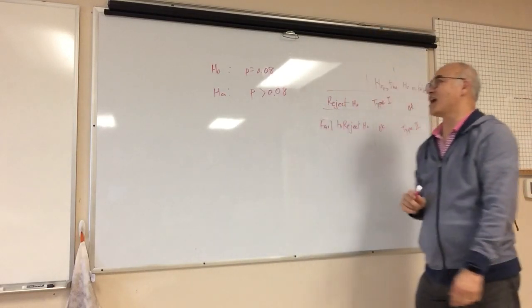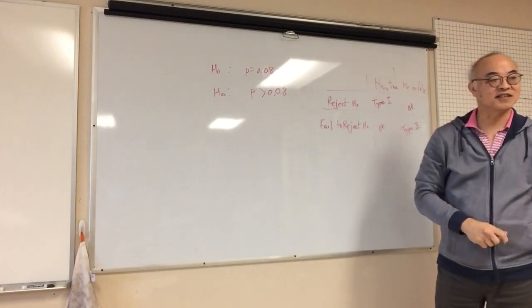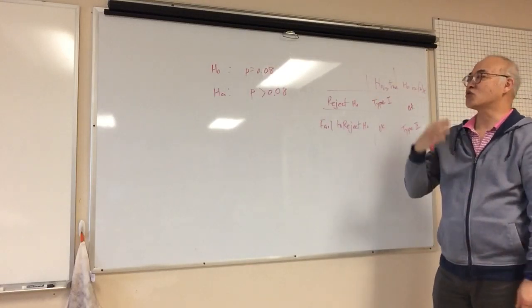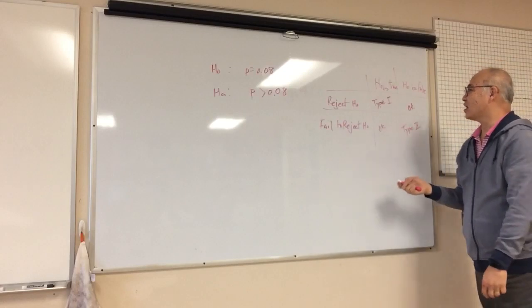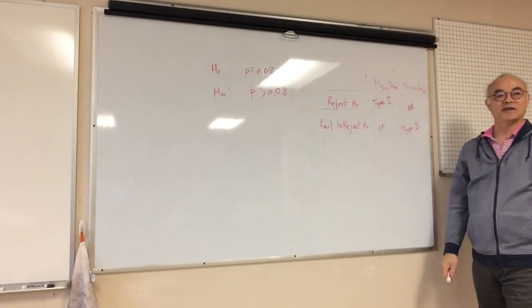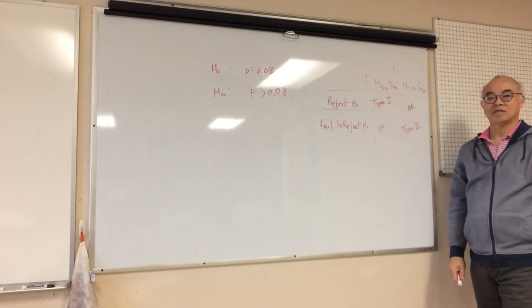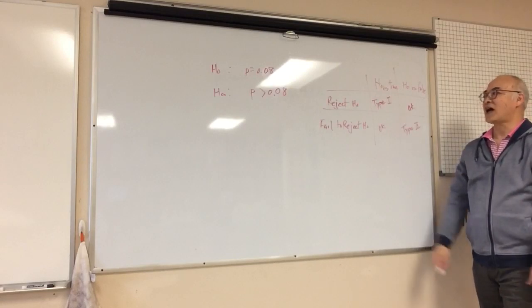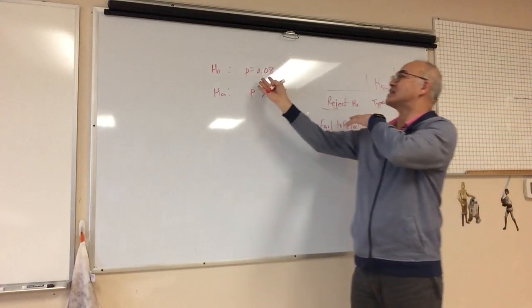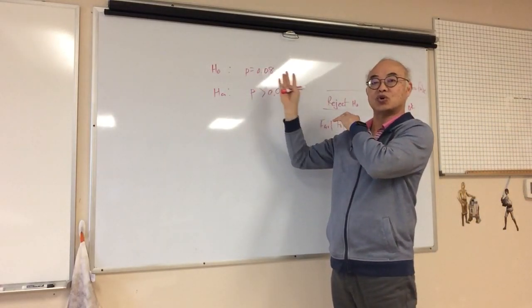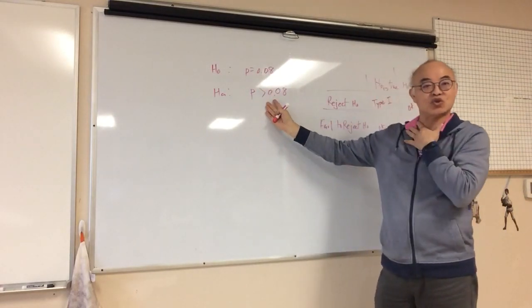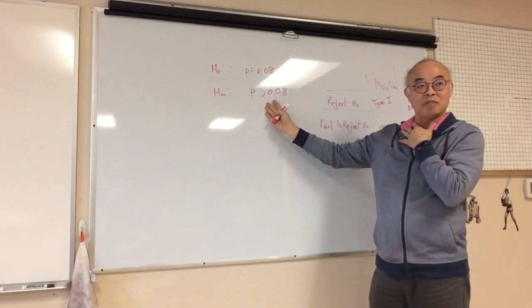So let's say that the truck came in, and I committed a type 1 error. What does that mean? I rejected the whole load, which means I said the null hypothesis is not true, but that's an error.